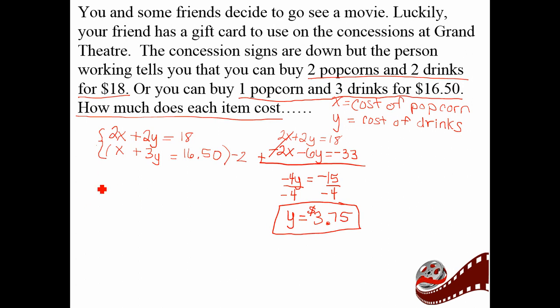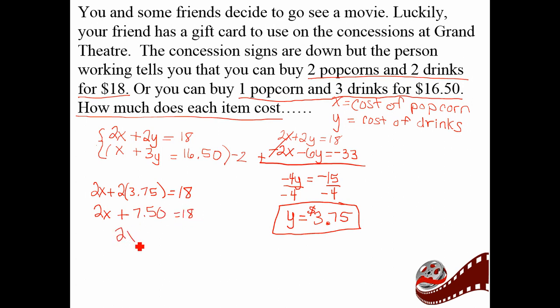And remember, just like before, we would substitute that back into one of our equations, maybe the top one here. So 2x plus 2 times the y, which we now know is 3.75, has to equal 18. So we'll calculate in our calculators here. 2x plus 2 times that value of 3.75 is 7.50 equals 18.